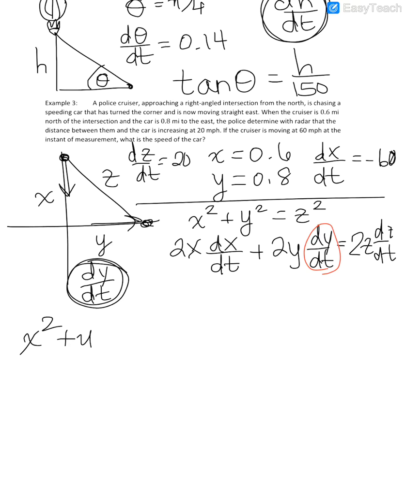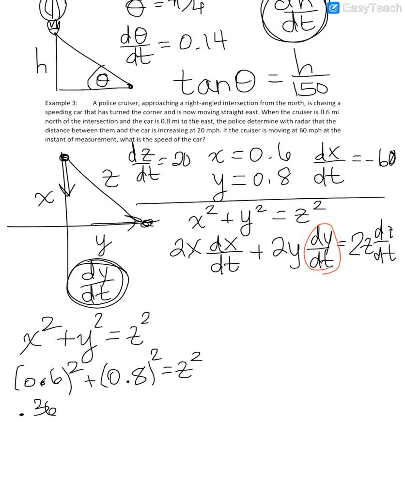So we're going to do x squared plus y squared equals z squared. We're going to plug in our x, 0.6, plug in our y, 0.8, so that's 0.36 plus 0.64, which is 1.